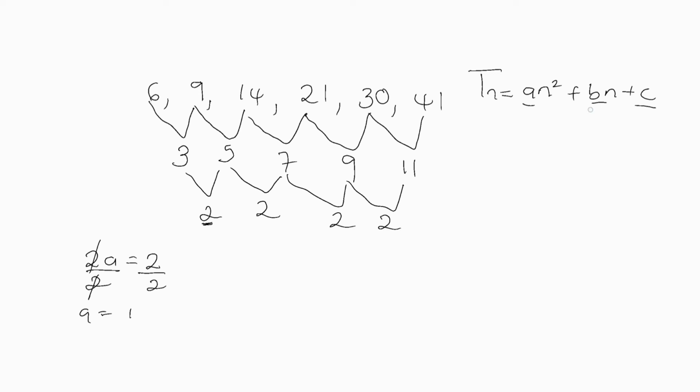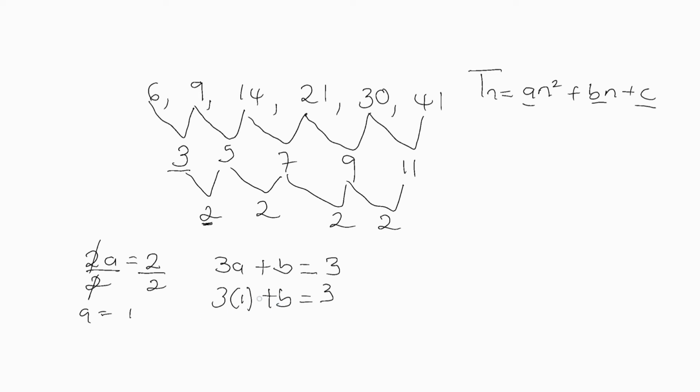And to find the value of b, we also have another equation, which is 3a plus b is equal to the first difference, which is 3. And we know the value of a. The value of a is equal to 1. So 3 times 1 plus b is equal to 3.